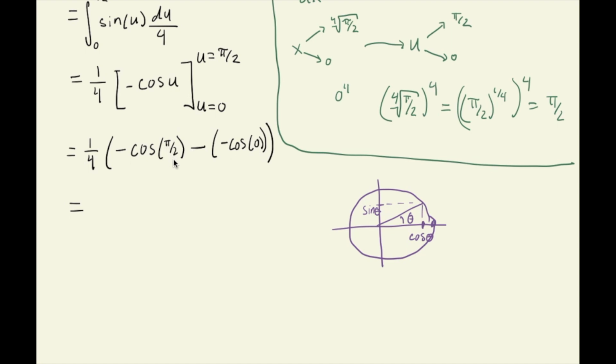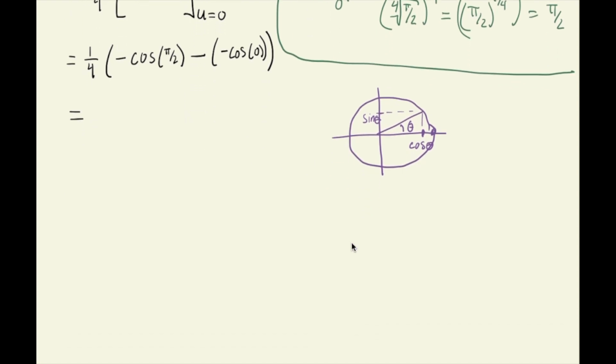So pi over 2, that's 90 degrees. So it's this point right here. This point has x-coordinate 0 and y-coordinate 1. And so cosine of pi over 2 is the x-coordinate, which is 0. It's the x-coordinate of the point with angle 90 degrees, or pi over 2.